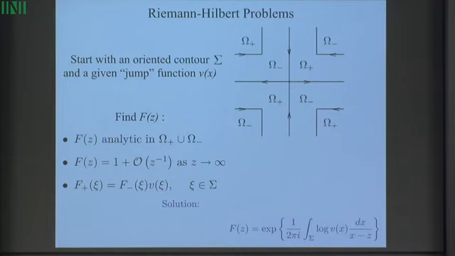And so the solution is take logs and then use something called the Cauchy-Plemelj-Sokhotski formula, which is written here. So it's basically the Cauchy transform of the log of v, and then you have to exponentiate to get back to the function F. So that's the first example of a Riemann-Hilbert problem and its solution.